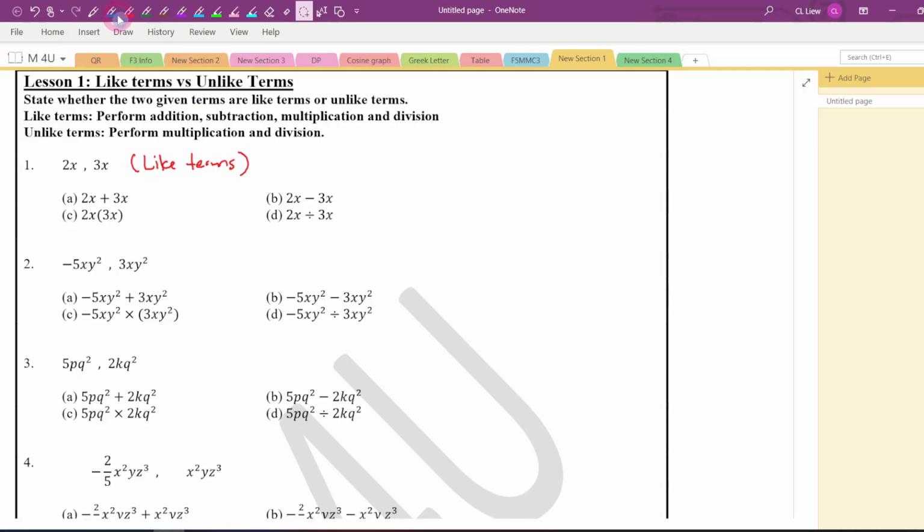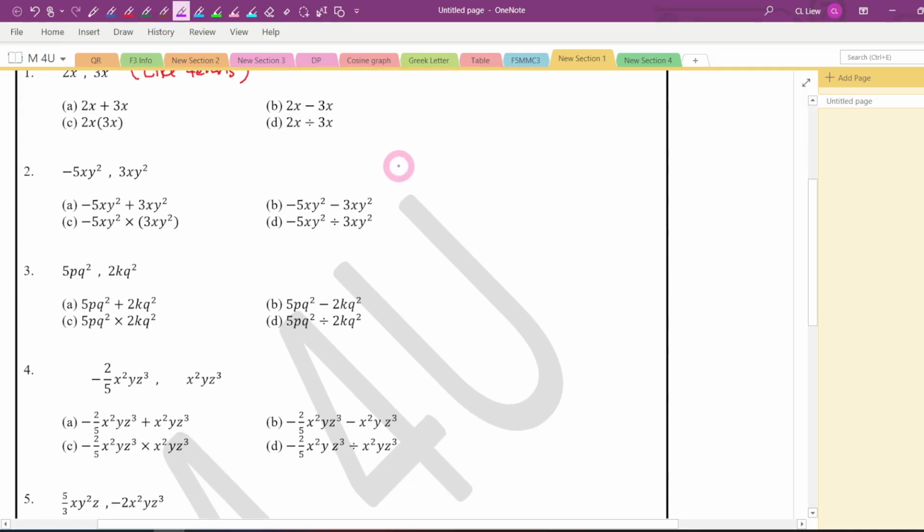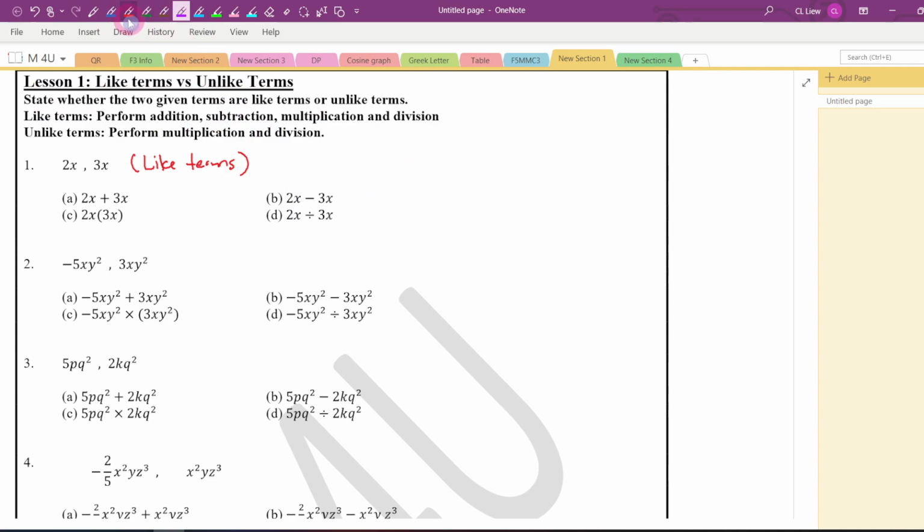Now let's proceed to the second question. Negative 5xy squared and 3xy squared. Are these two terms like terms? x, y squared, x, y squared. Yes, they are like terms. Negative 5xy squared plus 3xy squared.